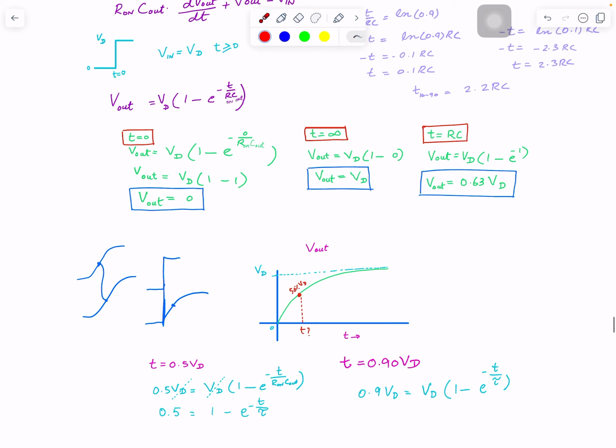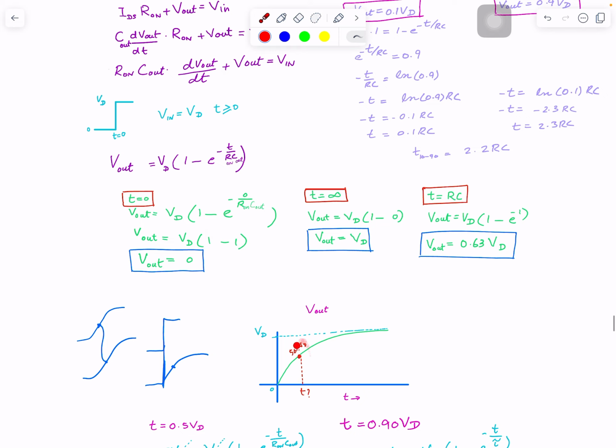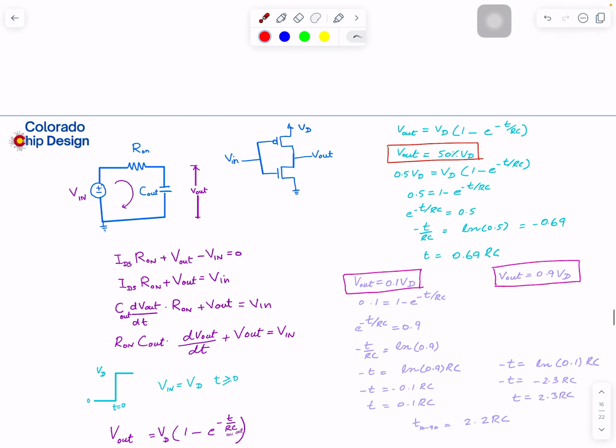What is that time? You can take a snapshot of this. That time is when Vout is 50% of VDD; when you put everything here and solve for T, the time is 0.69 RC. That's what I'm referring to here.